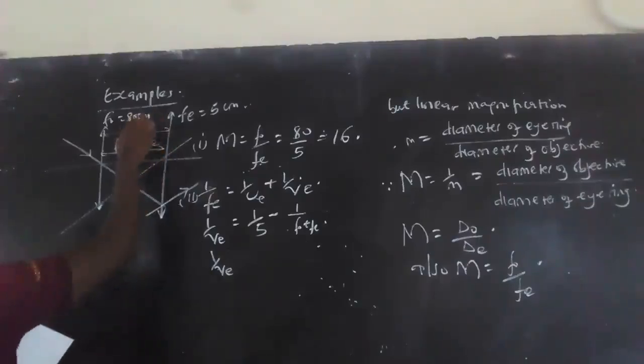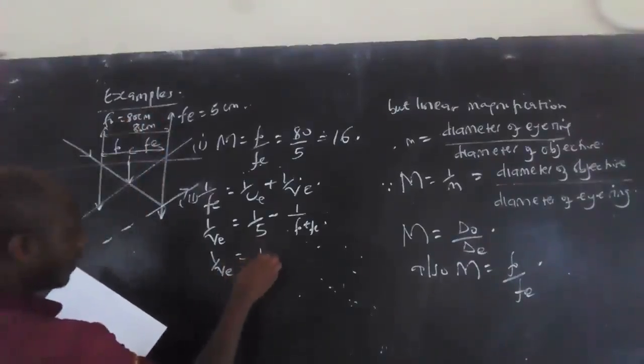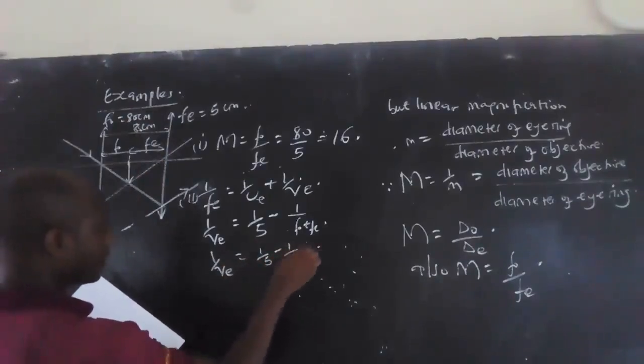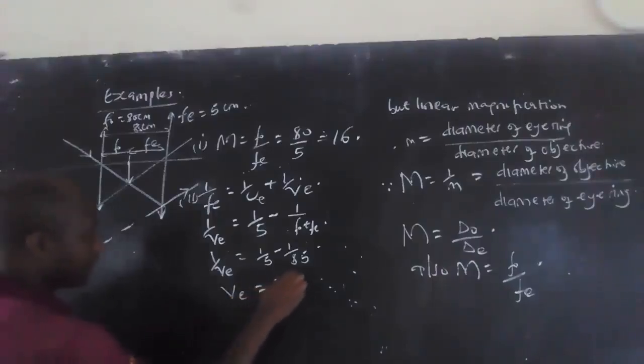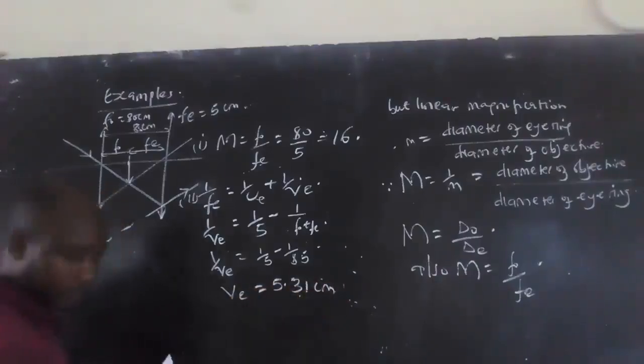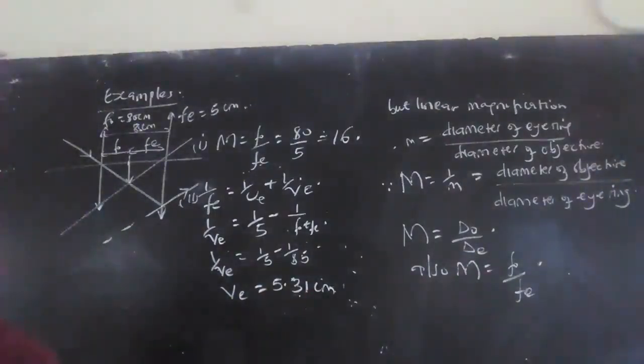So it will be 1 over 5 minus 1 over 85. So VE, the position of the eye ring, will now become 5.31 centimeter. So you can use the calculator to verify this.